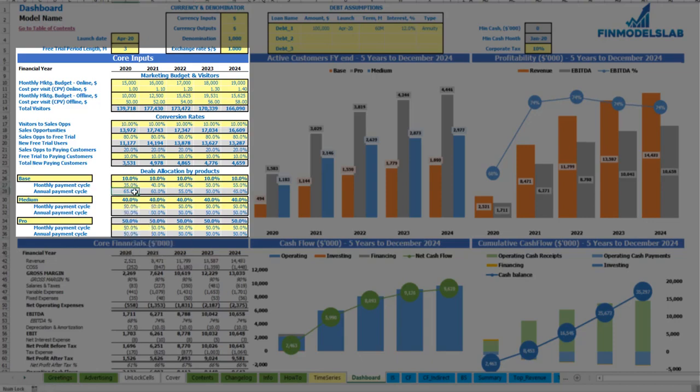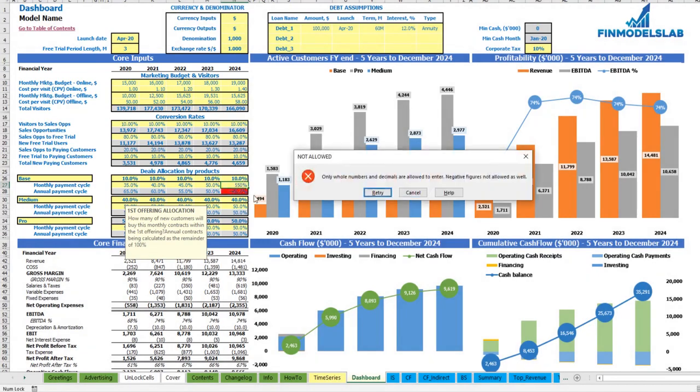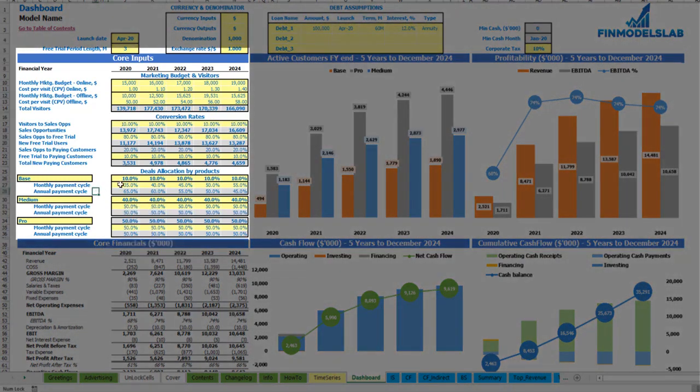The annual payment cycle is 100% minus your monthly payment cycle. If you input something wrong, like I just did, for example 550%, it will show you that it's not correct. You shouldn't input more than 100%, and it will show the red color here, which means that something is wrong. If you input everything correctly, it is in gray color, and the same logic applies for Medium and Enterprise, the second and third offering.